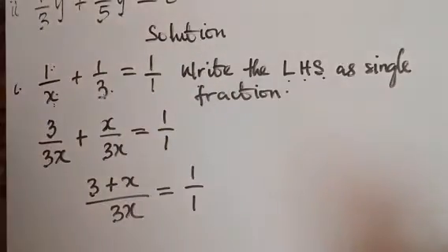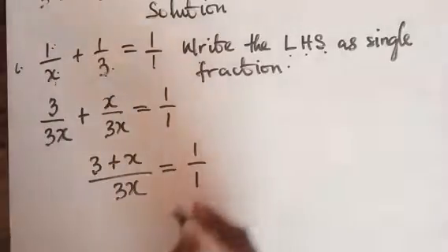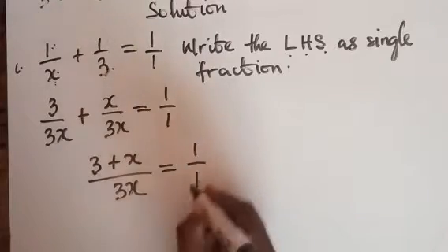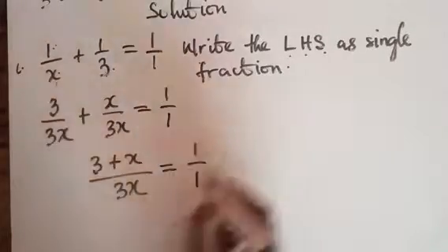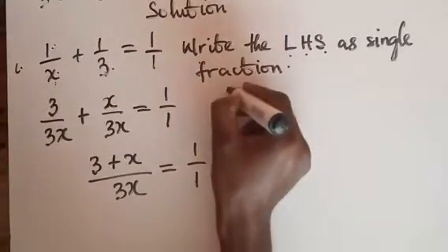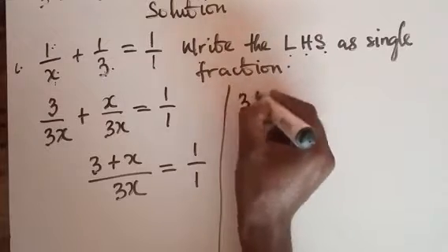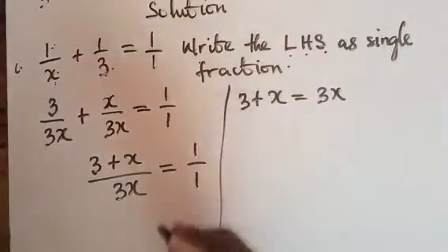At this point we can now apply our cross multiplication, because this is a single fraction and this is another single fraction. So 1 will go here and this will go there. Let me bring it here so that it will be more open. I'm going to get 3 plus x equals 3x, group like terms.